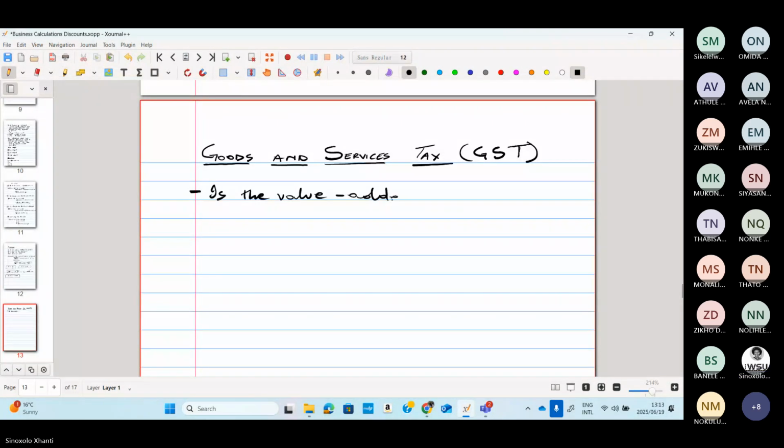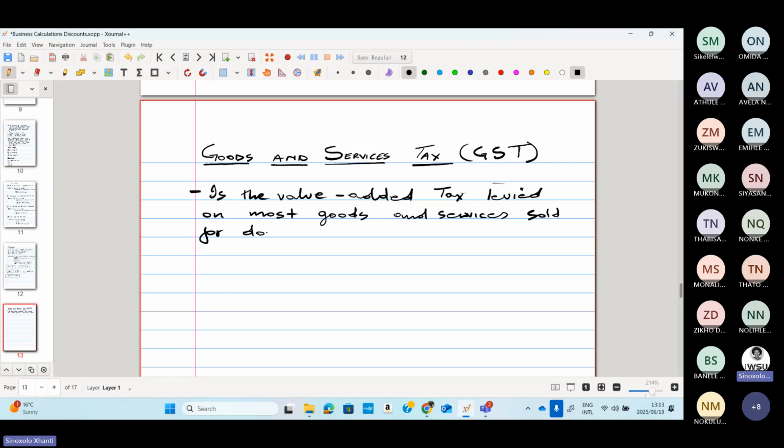It is a value added tax levied on most goods and services sold for domestic consumption.